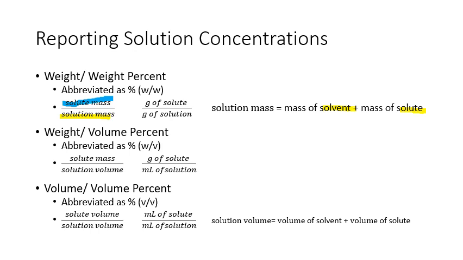And the same thing for the solution volume. It's the total volume of the entire solution, not just the solvent and not just the solute, but both of them together. So whenever we're doing these types of calculations, we want to make sure we're using the solution volume or the solution mass, the entire system, not just the solvent and the solute separately. You have to add them together for that part.